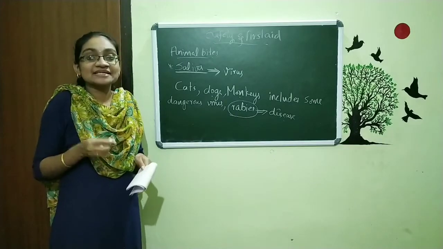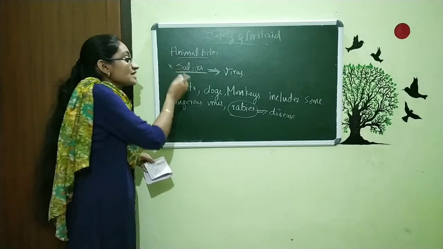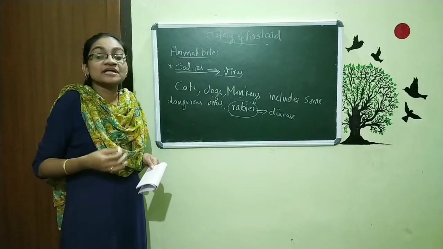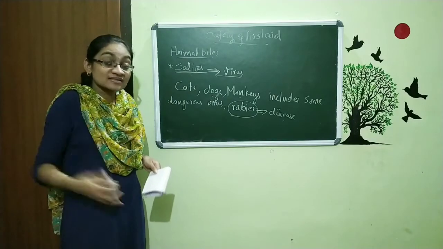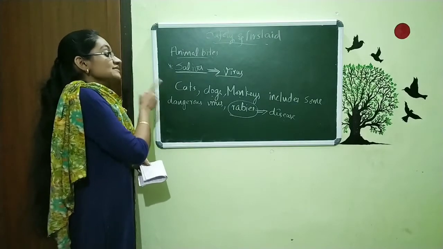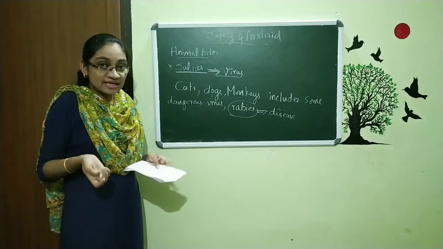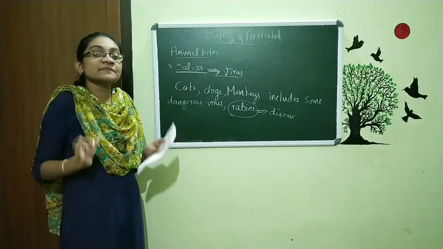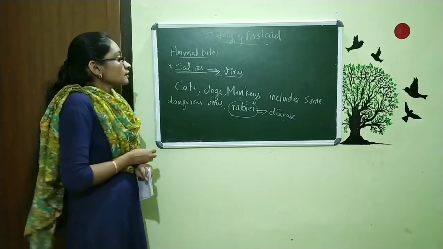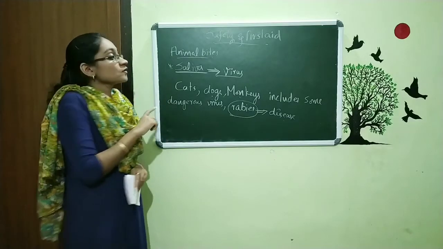So the virus mixed in our blood will spread quickly through the body. That's why this is very dangerous, and for that we do some first aid and bring the patient immediately to the doctor, who will take care of it. For different animals, there are different first aids for the bite.